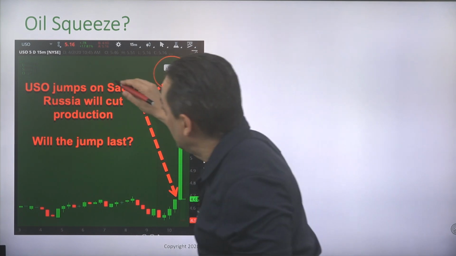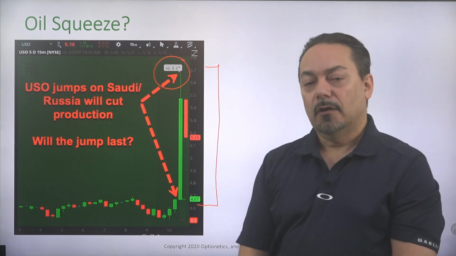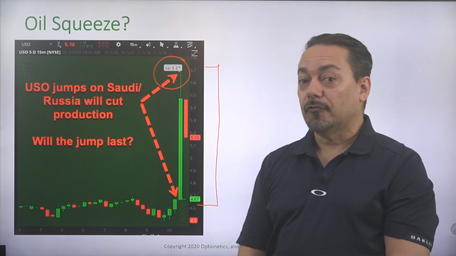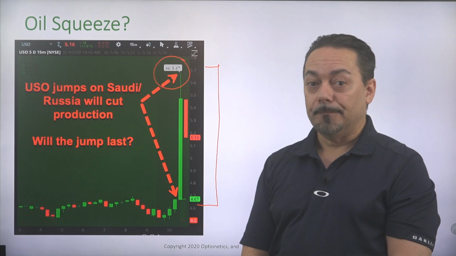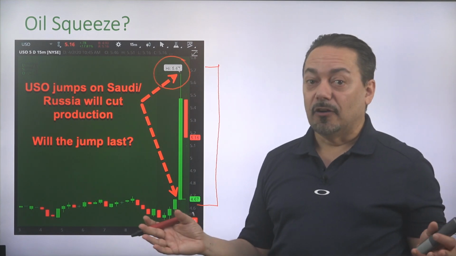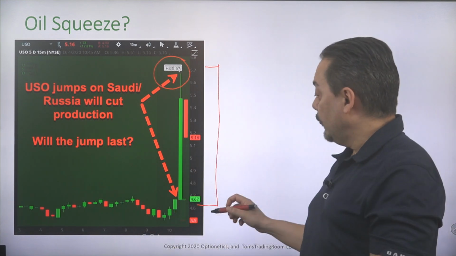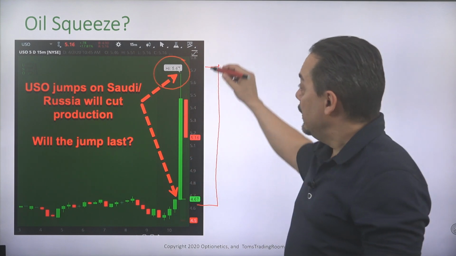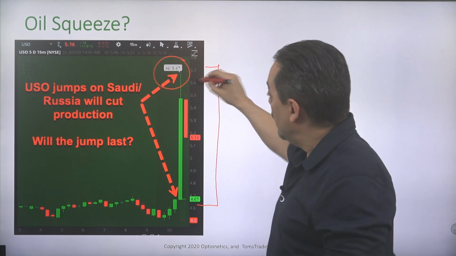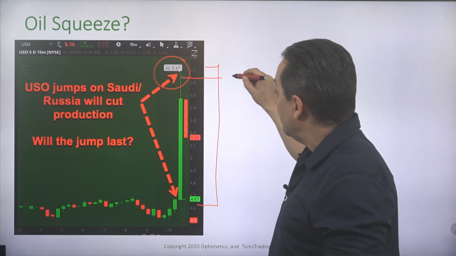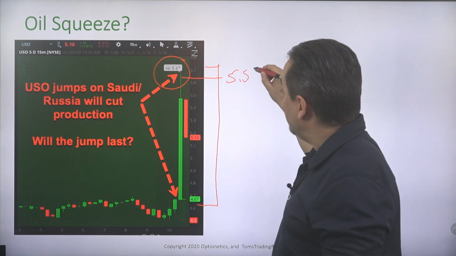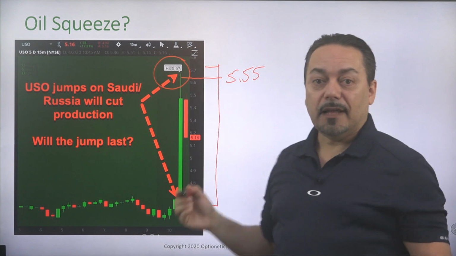This was actually up over 20% at one time. In fact, actual crude oil itself was up over 30% at the time. So I don't think this is going to last, because we saw a lot of folks rushing in. In fact, I sold USO at around 5.55.